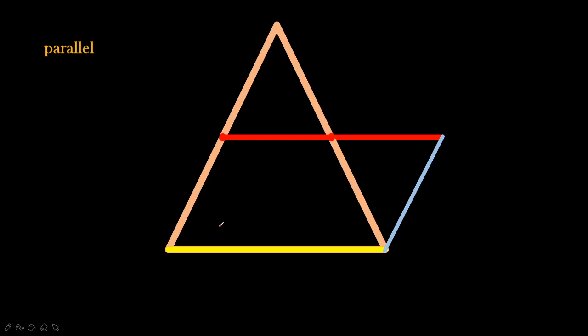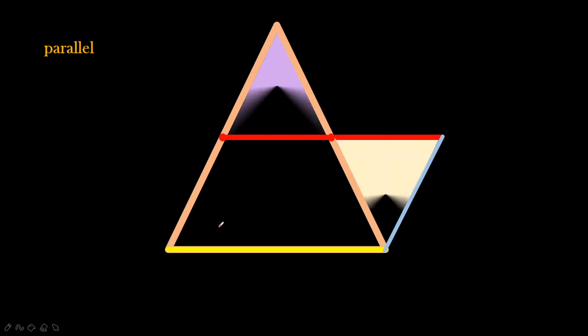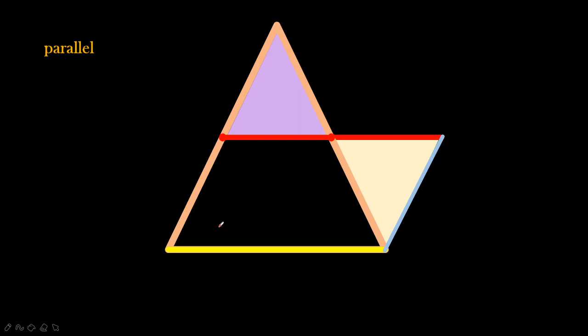Now I want you to focus on these two triangles. Are they congruent? Let us check. This angle is equal to this angle. Why? Because they are alternate interior angles. These are two parallel lines, and there is a transversal here.